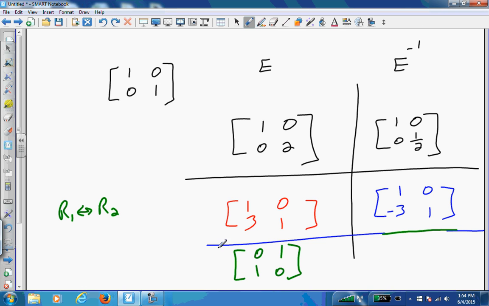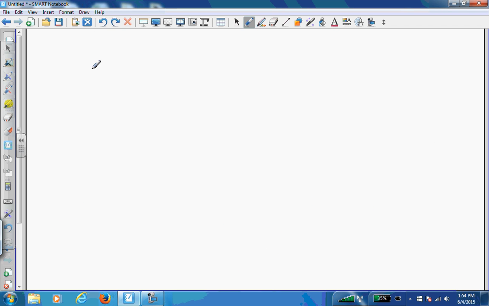The opposite of flipping row 1 and row 2 would be to flip row 1 and row 2 again. So these are inverse elementary matrices of these. So let's take a matrix.